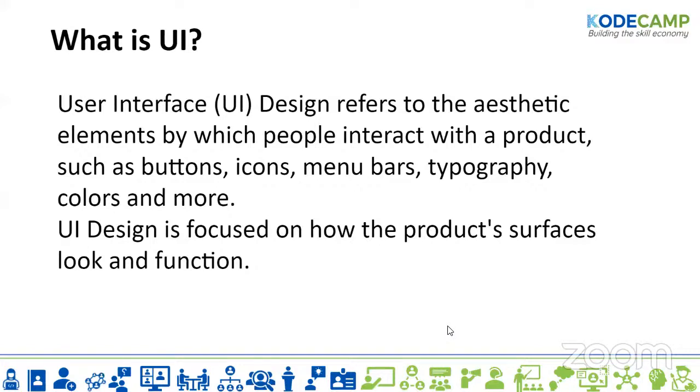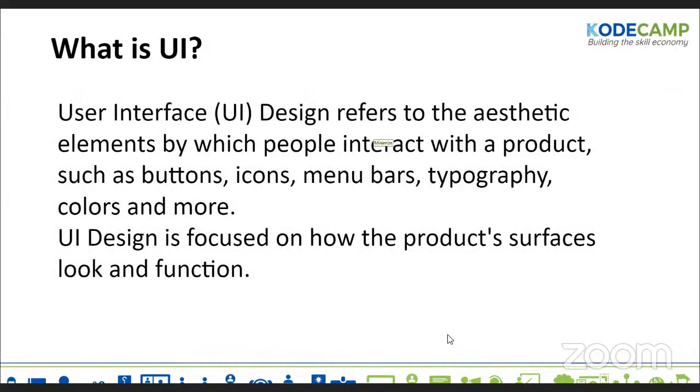When we use different applications, could be a notebook app, WhatsApp, they have buttons, call to action buttons, icons, menu bars, typography, colors, and the rest that we identify these applications with. So that is what UI is all about. It is focused on the product surfaces, the product interface, how it looks and how it functions. And I'm very sure we already know what UI is all about.